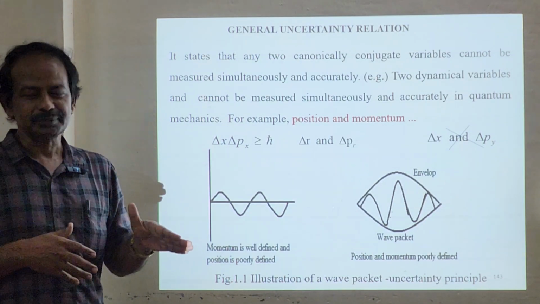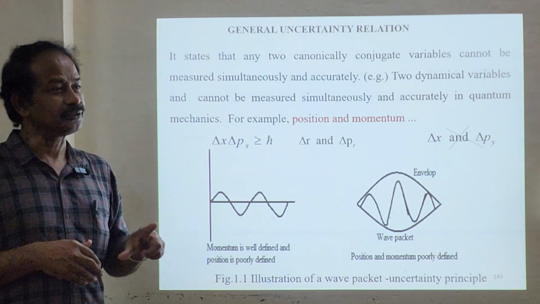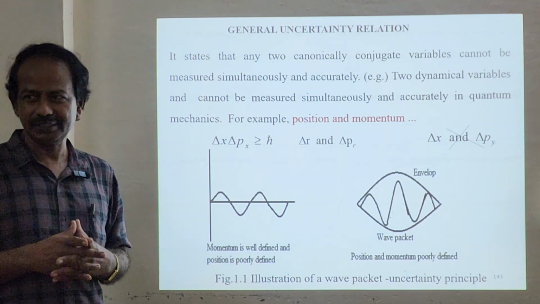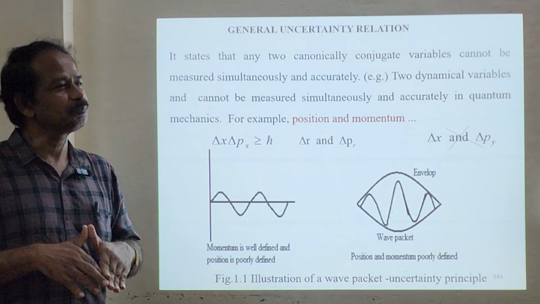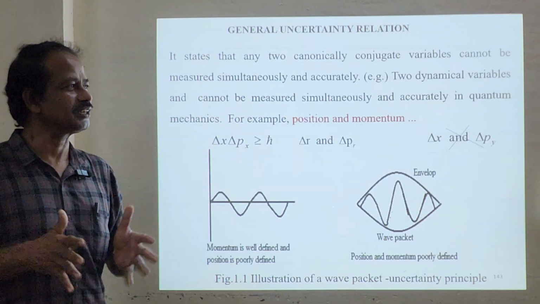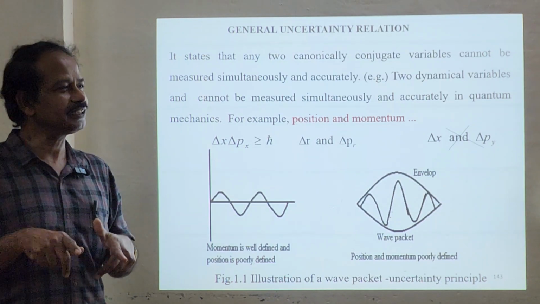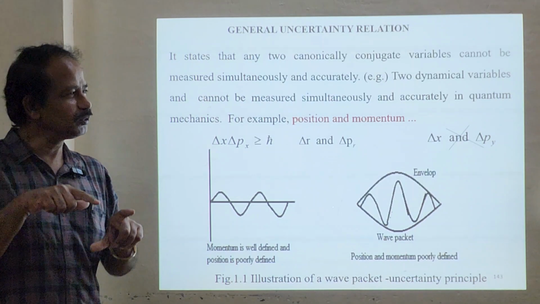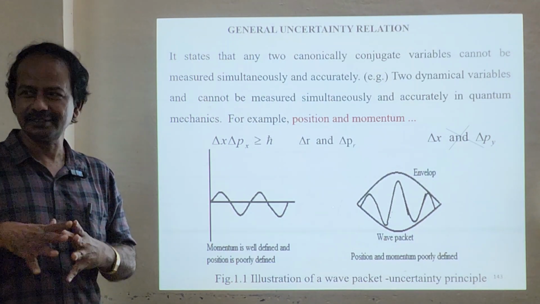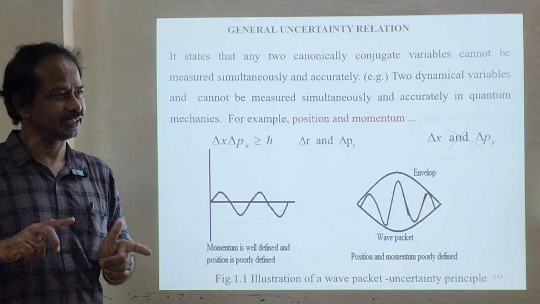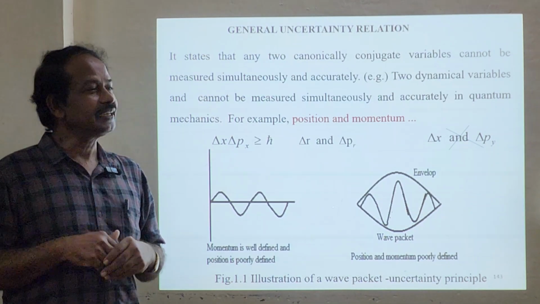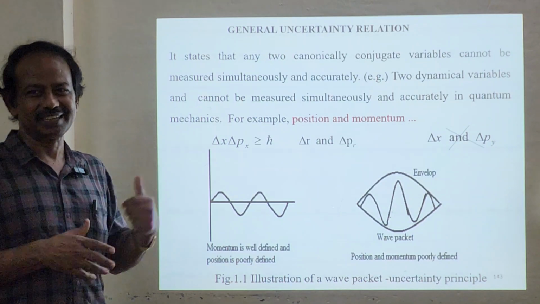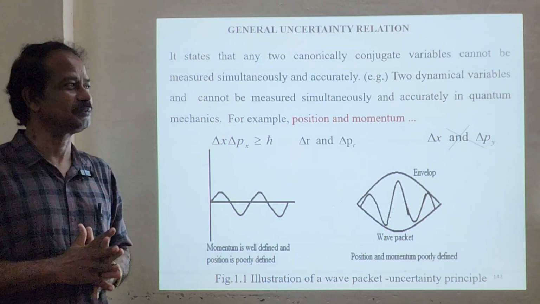After a year, in 1925, he proposed matrix mechanics, very famous as his matrix mechanics. In 1926, Schrödinger proposed wave mechanics, and both were equivalent. In 1932, Heisenberg got the Nobel Prize for proposing matrix mechanics, not for the uncertainty principle.